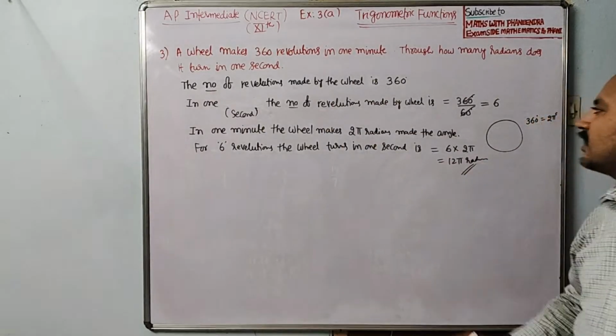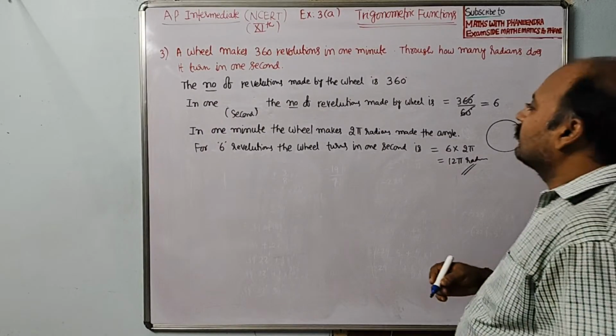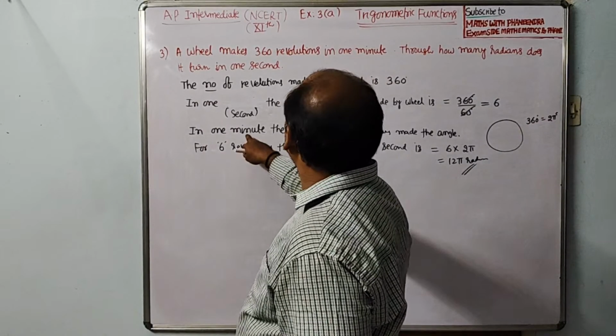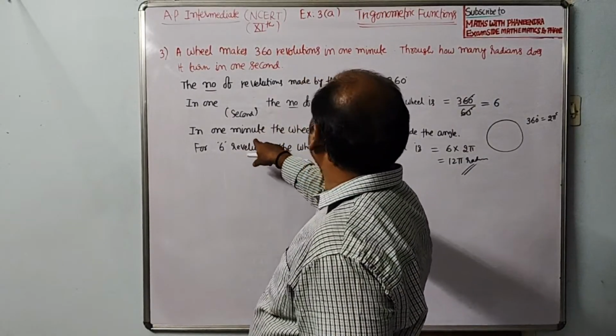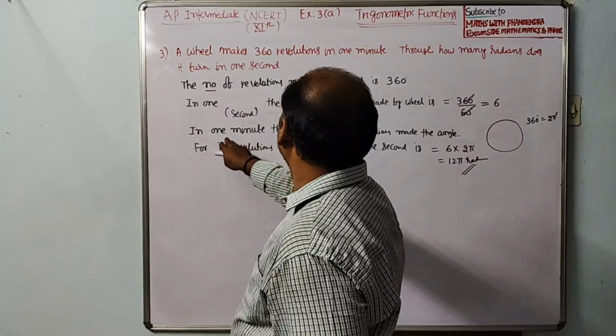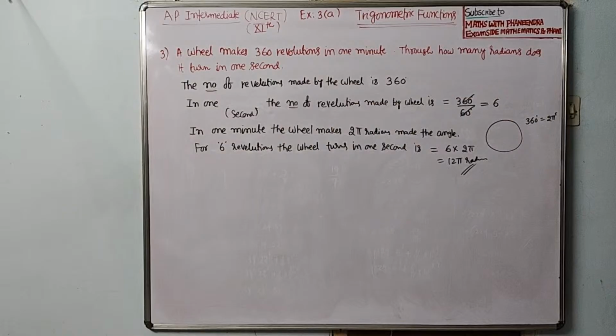In 1 second it is 6 times. Yes, that is correct. In 1 minute, it makes 2 pi. In 1 complete revolution, the wheel makes.